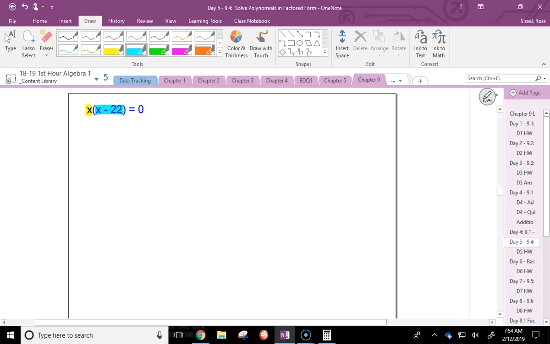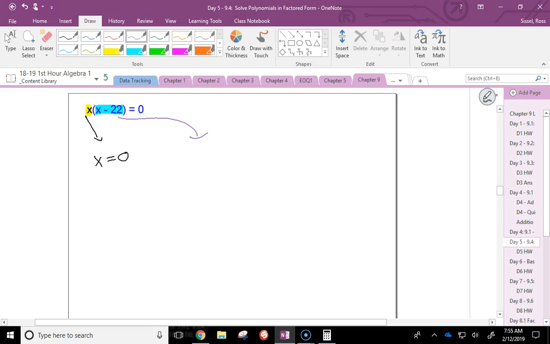So I'm saying when I times these two, it's going to equal 0. So one of those two products has to equal 0. That's what we're solving for. I'm going to take this first one and say x equals 0. That one's simple. We're done. X is 0.